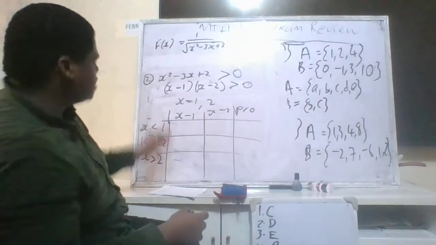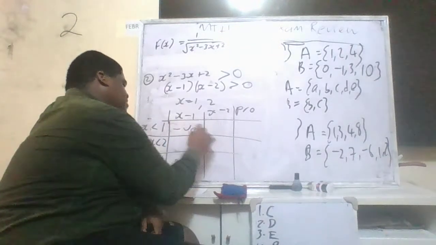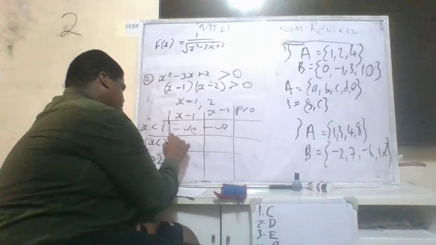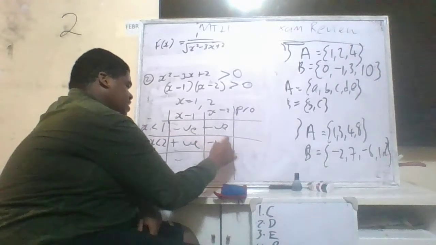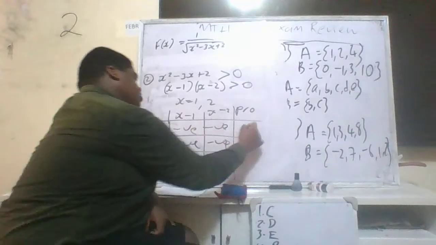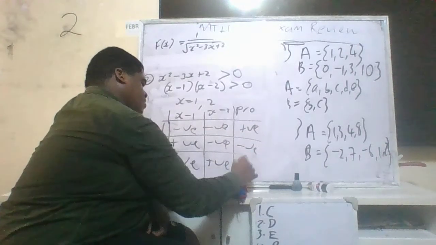When x is less than 1, x minus 1 will be less than 0. This is negative, this is negative. I've done this before, so there's no need for me to click again. This is going to be positive, this is negative, and this positive, finally this positive. Their product will be positive, negative, and positive.